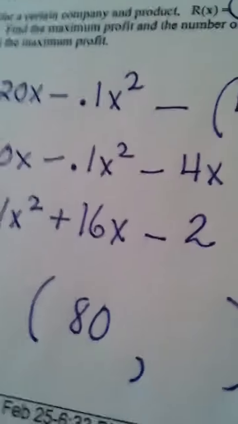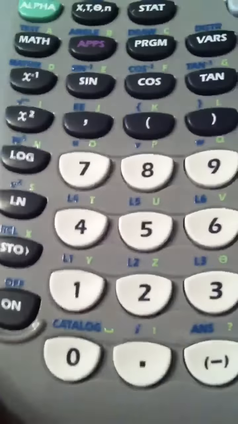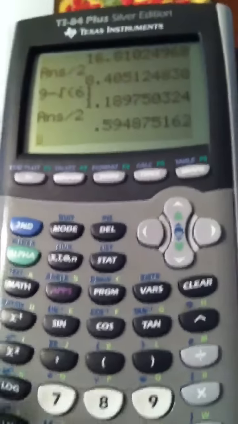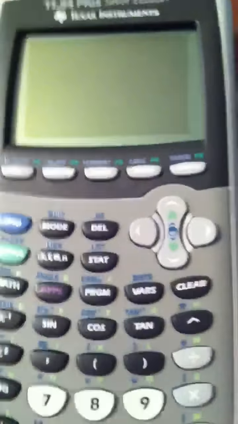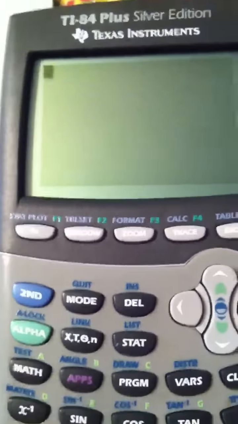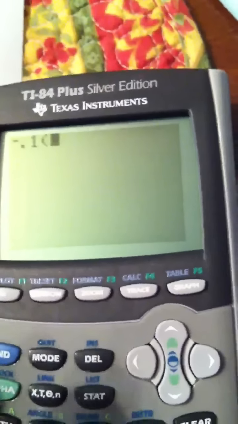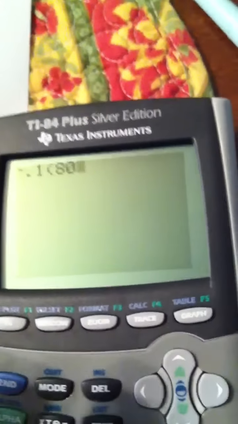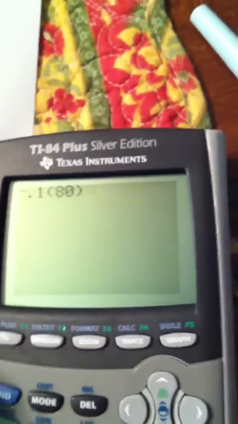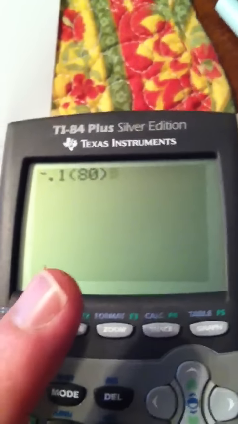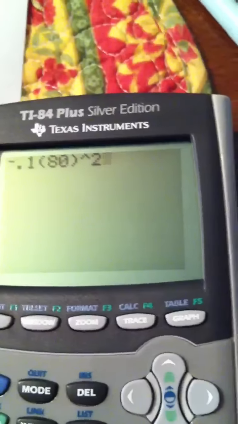So what I now have to do with that number 80 is I have to take out my handy-dandy calculator here, turn it on, clear out the garbage I have in there right now, and type in, okay, the opposite of 0.1. In parens we're putting 80, and we're squaring it, so caret 2.